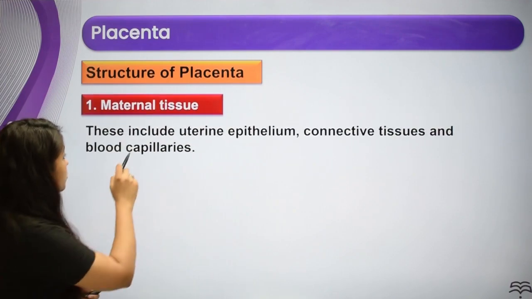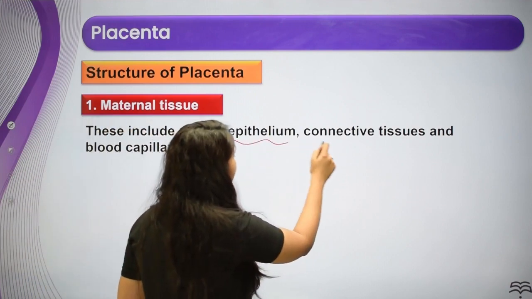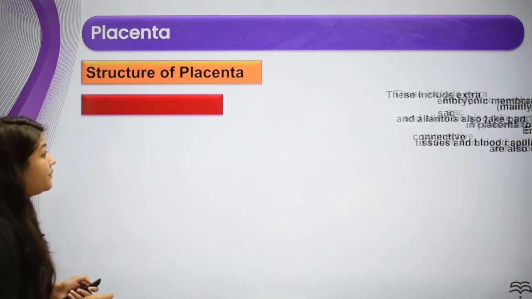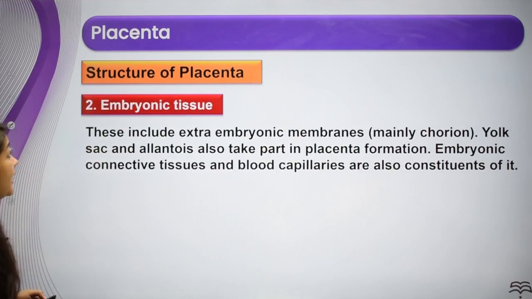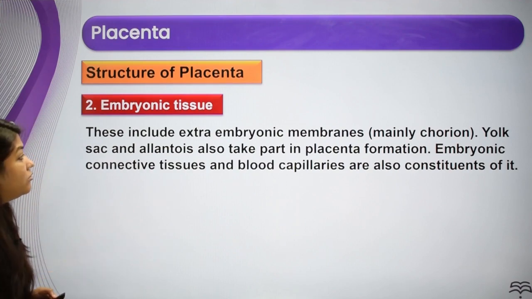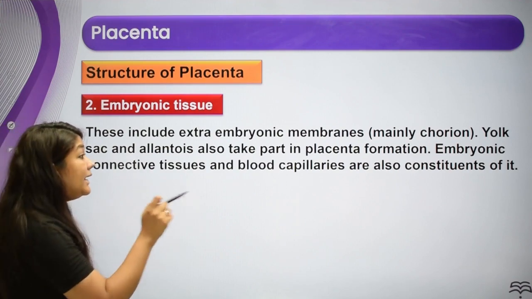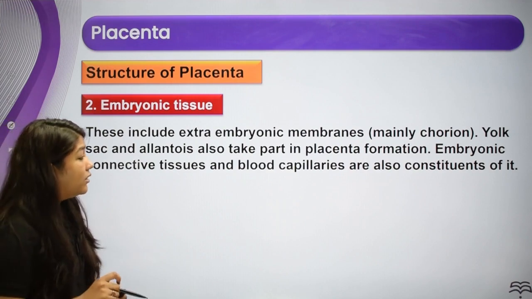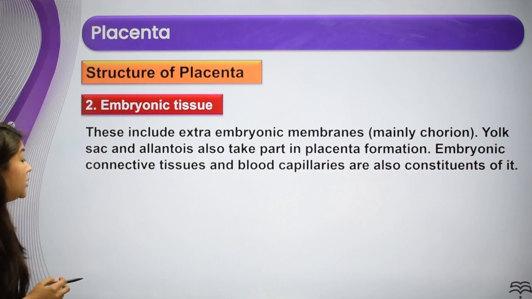So maternal tissues include the uterine epithelium, connective tissue and the blood capillaries. Talking about the embryonic tissues, these include the extra embryonic membranes, mainly the chorion. Yolk sac and allantois also take part in placenta formation.